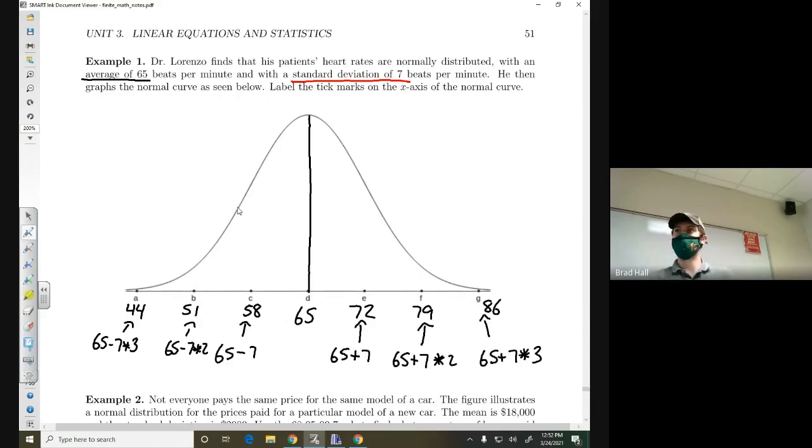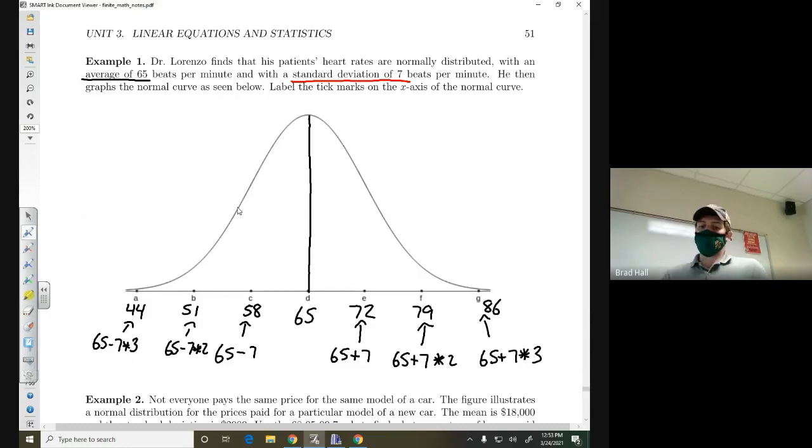That's all it asks us to do, is to construct, well, really not even to construct the graph, just label the tick marks, as they're called. And so that's it. It's based off of starting with the mean in the middle, and then working your way outside the mean using the standard deviation in this appropriate manner.